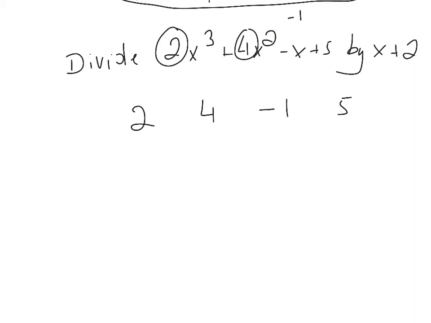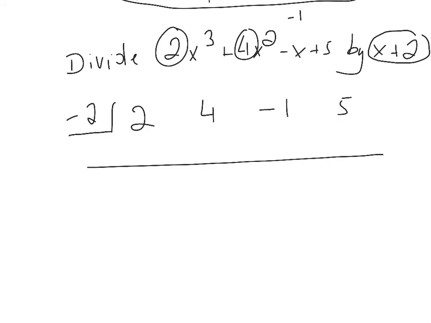Okay, now the question is, what number goes in here? Think about x plus 2. So one of the intercepts will be -2. If I divide by x plus 2, think about the parabolas we talked about in class. So -2 goes here. Okay, and now let's start the process.